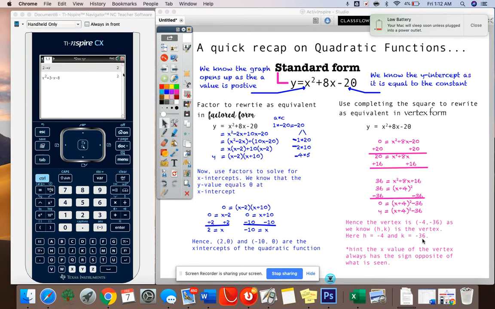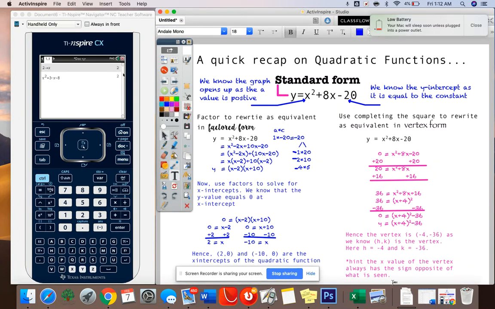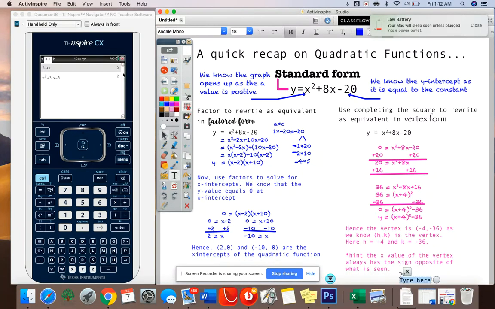Remember, you can't notice because I don't have it typed out here, but remember that the x value in the vertex form of the equation has a sign opposite. I'll add in that vertex form of the equation for you. y equals x minus h in parentheses, squared, plus k.